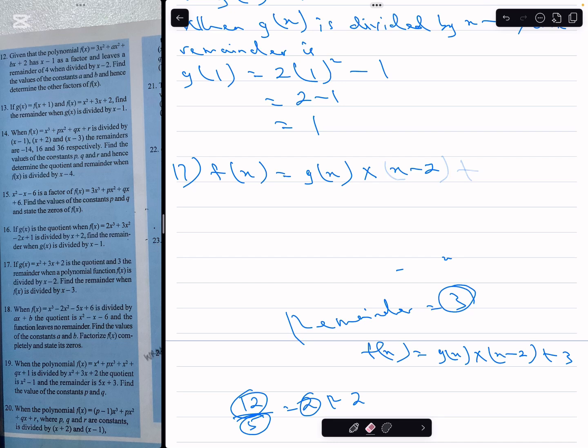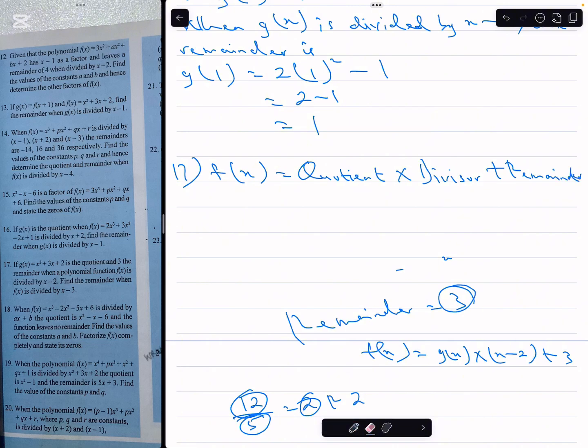Plus, maybe I should even write that simple: f of x equals quotient times divisor plus remainder. This is just for you to remember. You don't need to write that when you are solving the question.